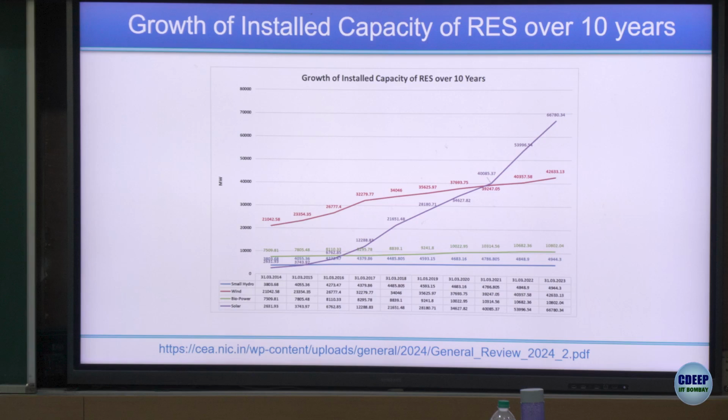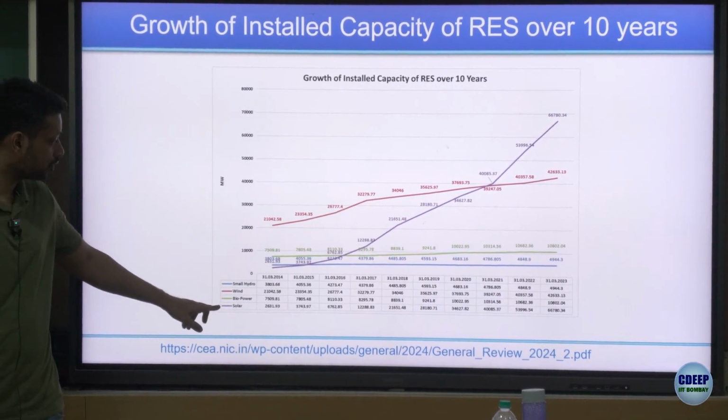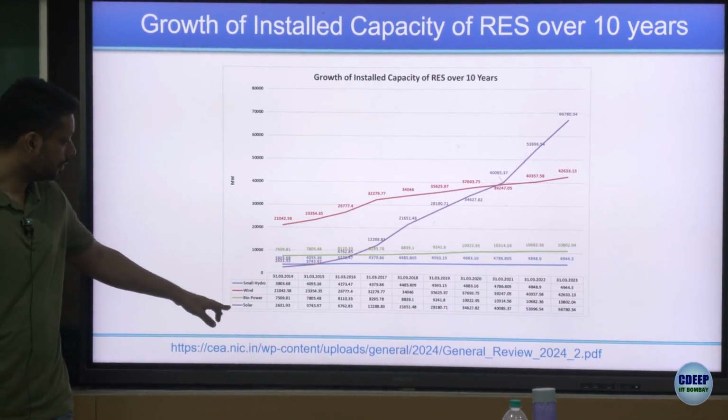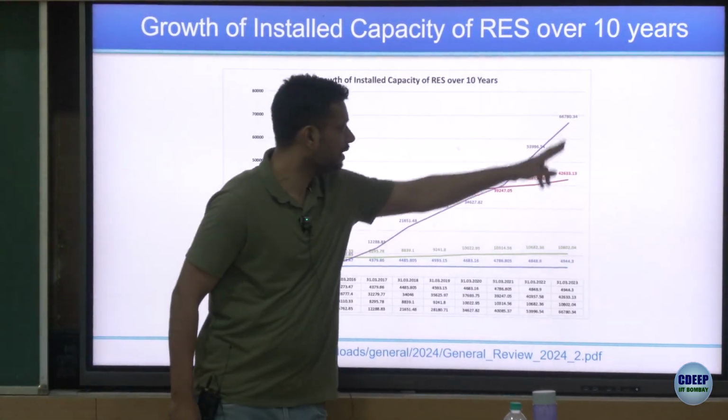Next, this is just the data, so you don't have to read it. I have taken this chart as it is from the CEA website. It again shows the trend of how different installed capacities are going: wind, small hydro and solar. If you only look at solar, it has grown considerably.